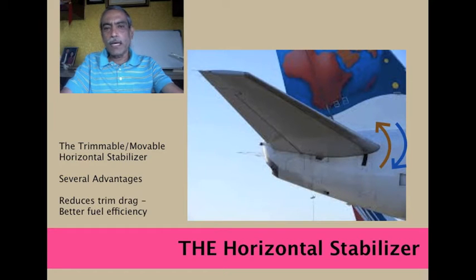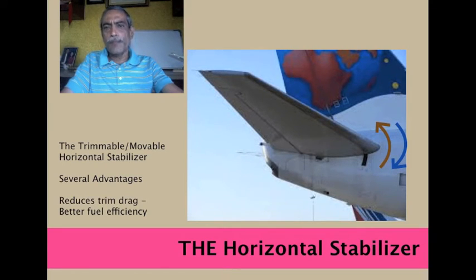What are the advantages? When these high performance planes have changes in speed during the flight, the rearward force, which we call the drag for the flight, keeps varying and increasing.